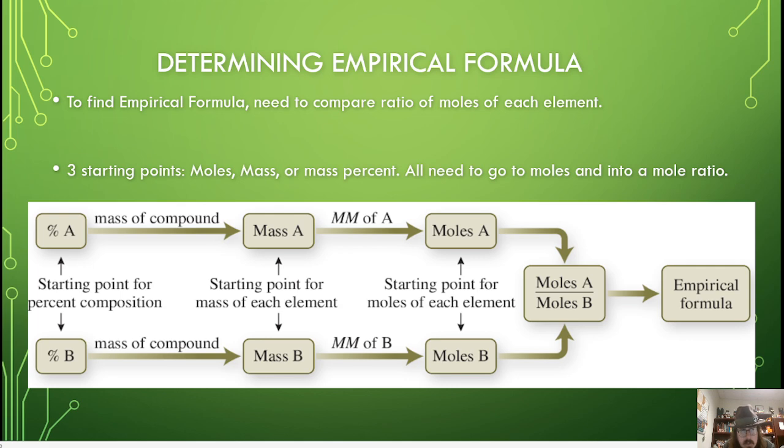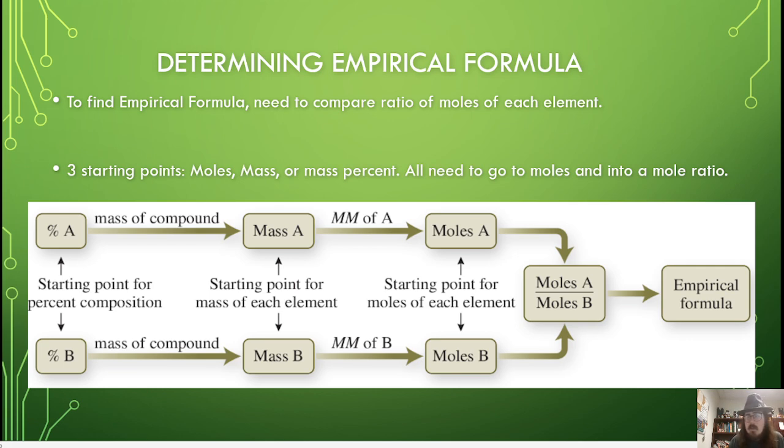The easiest way to do this is to take that percent and directly convert it into mass. We will make an assumption of 100 grams, and we can just say mass percent is equal to mass. Full stop.